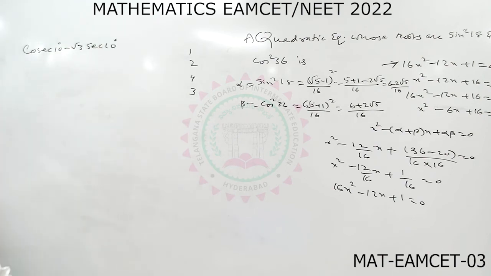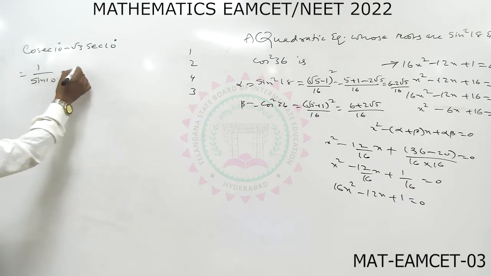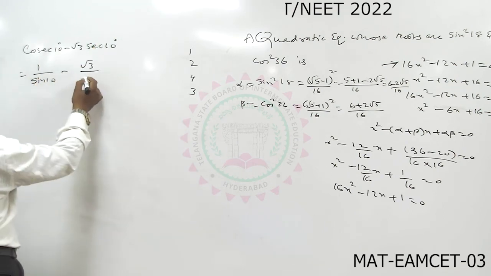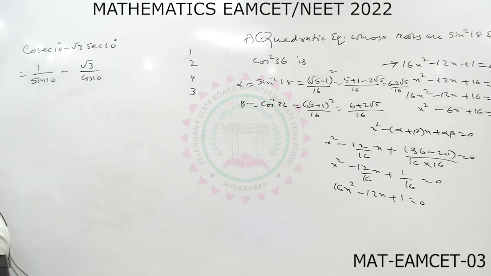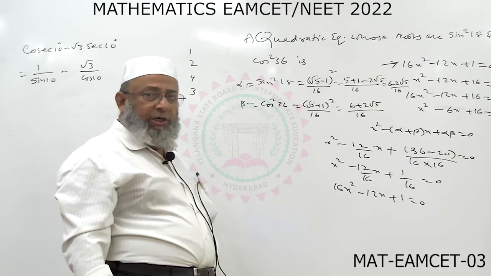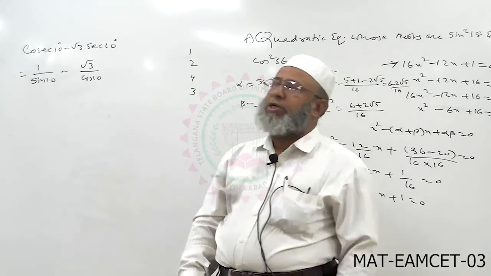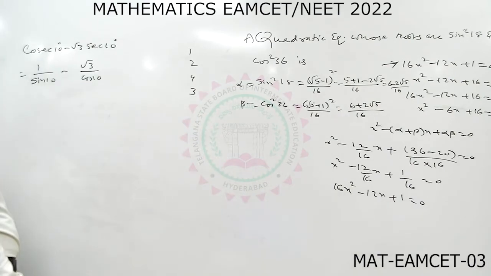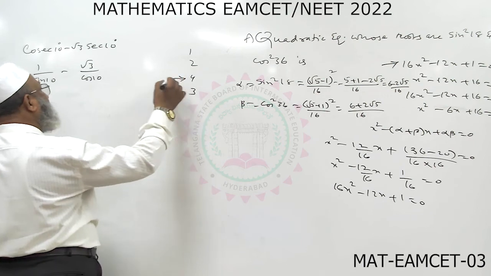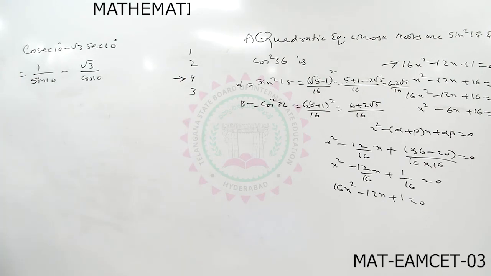So this can be written as cosec is equal to 1 by sin 10 minus root 3, the sec can be written as 1 by cos. So, just now I told you in the beginning of my class, 1 by sin 10 minus root 3 by cos 10, the answer is 4. If you remember that result, directly you can write the answer. So, the answer is 4.